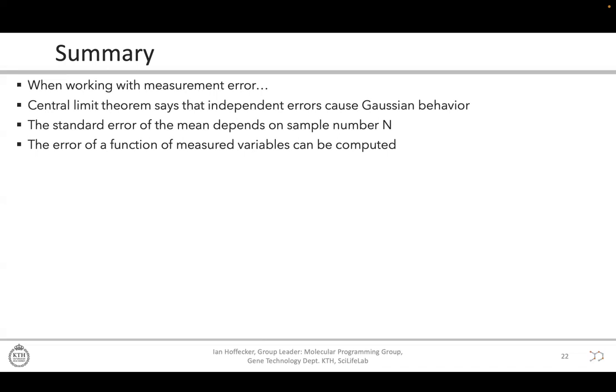And finally, we have this combination of errors method, and you're going to use this whenever you have an equation that is giving you a computed value based on measured values. Those measured values have their own errors associated with them, and those are going to propagate through and influence your calculated value and create a new corresponding error for that.